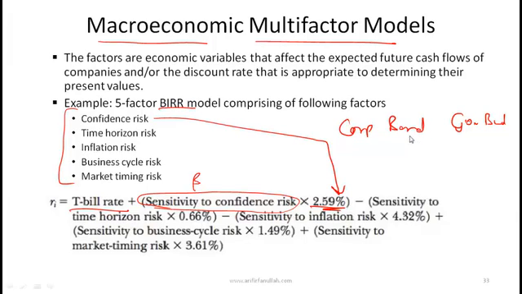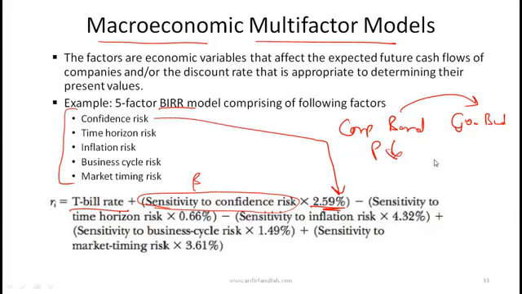When the confidence level is low, what happens? Then the spread becomes high because money flows out of corporate bonds into government bonds. When money flows out, what happens to the price? Price goes down and the spread goes up. So that's your basics from level 1.